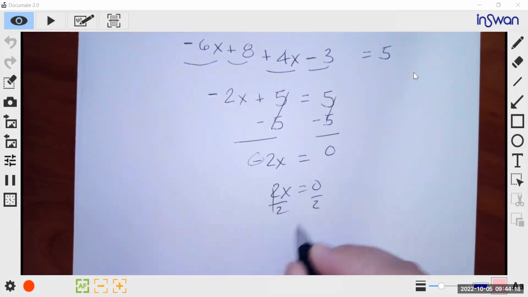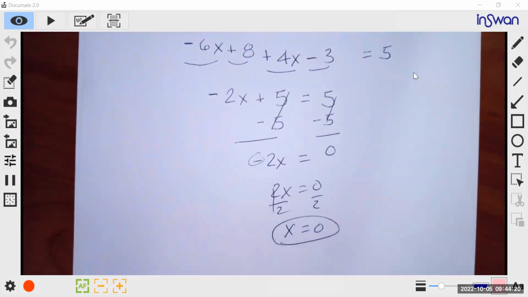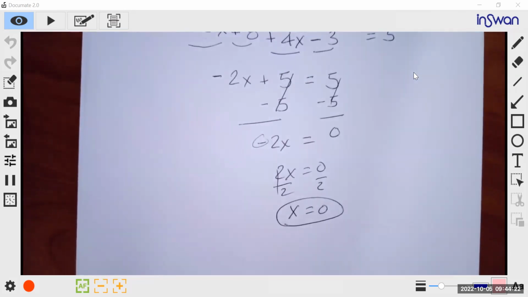Divide by 2, x equals 0. Yes. Get it? So yeah, whenever you have parentheses, get rid of the parentheses, combine like terms, and then move everything around.